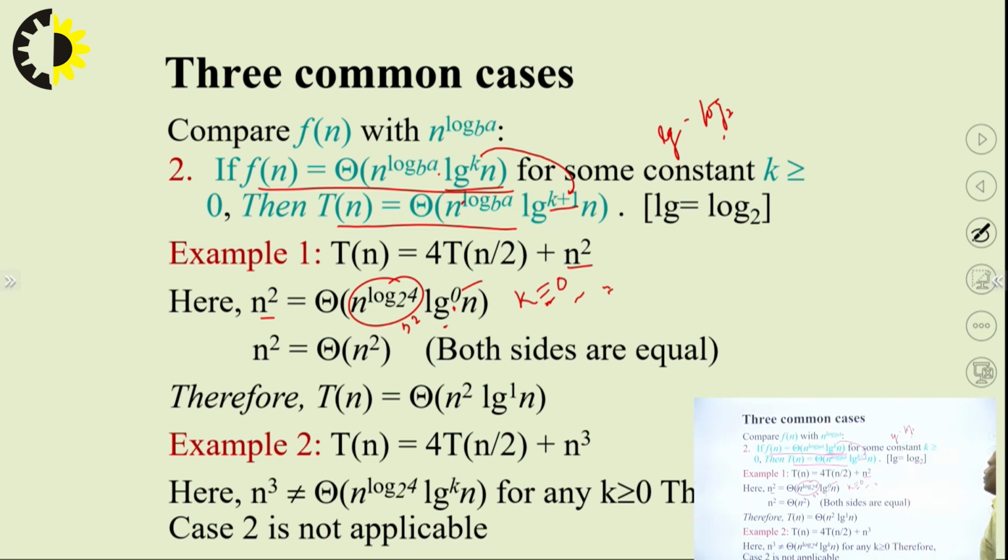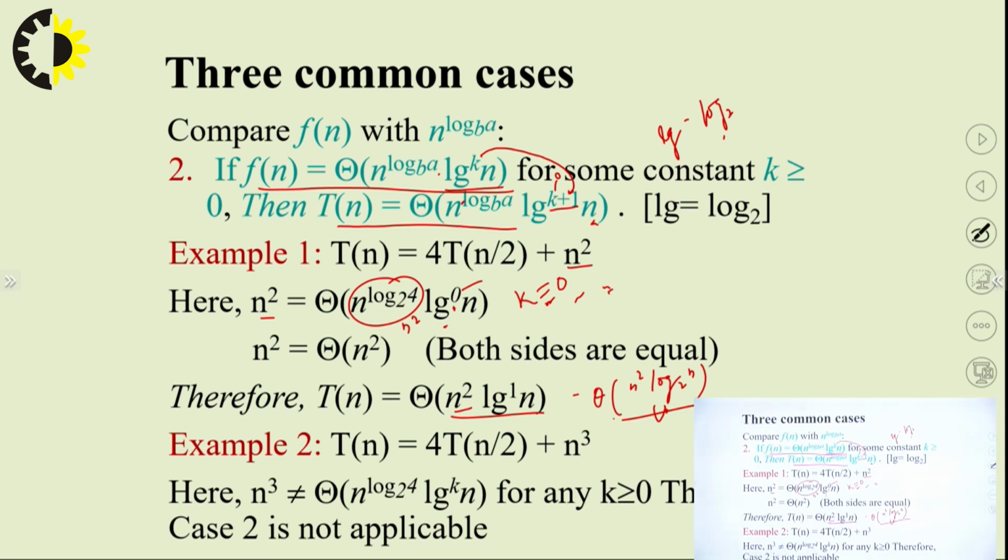So what will be the answer? Both sides are equal. So the answer will be given by n to the power log a base b, and since k was 0, this is 0 plus 1, becoming n square log n. So the answer is theta n square log n base 2 actually.